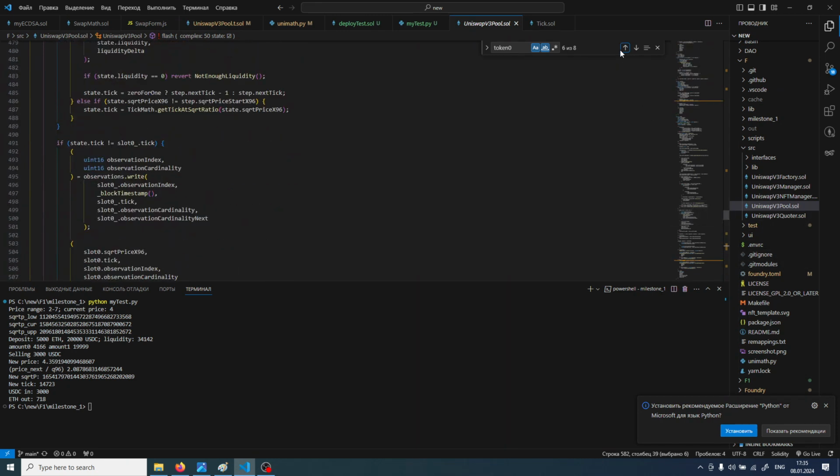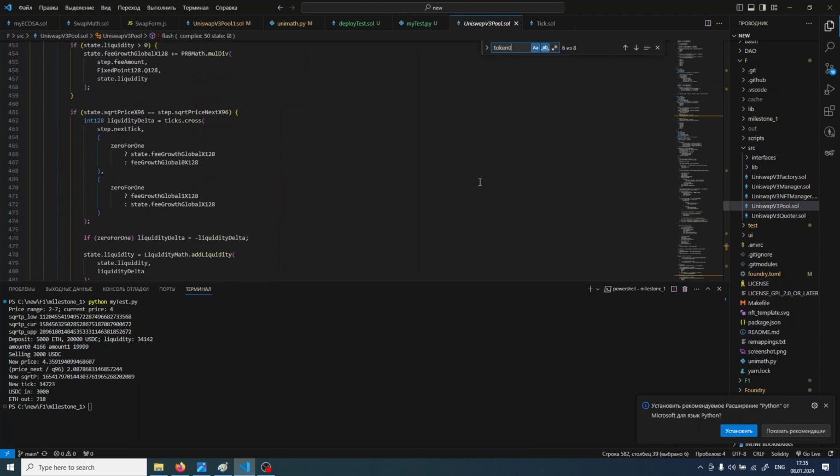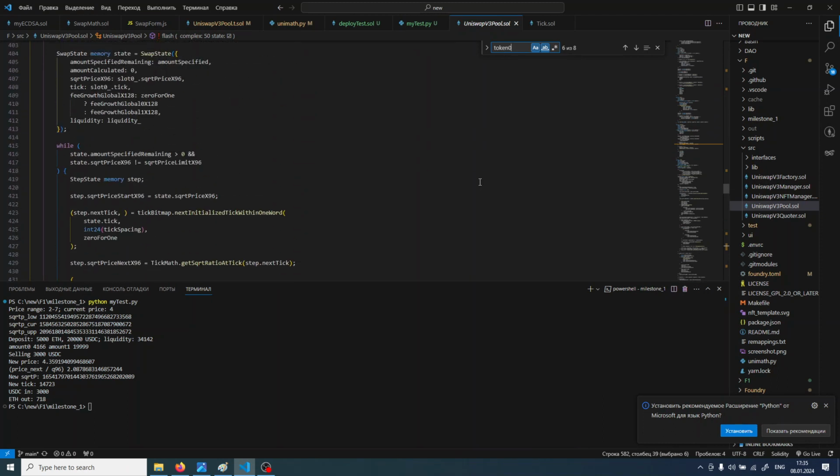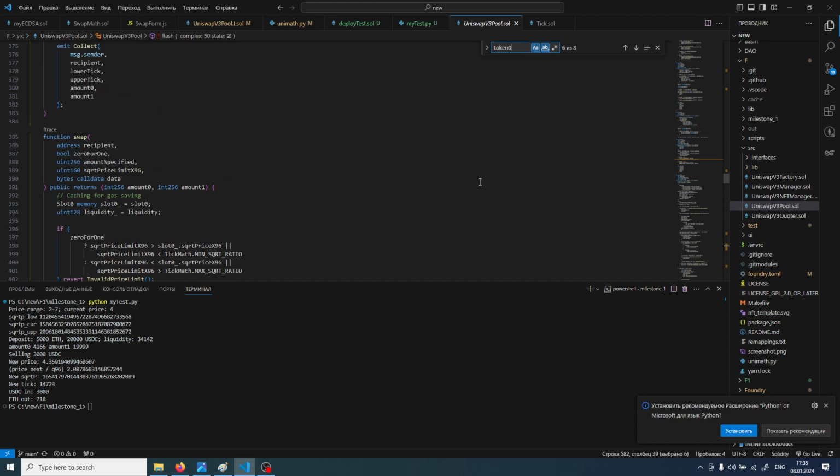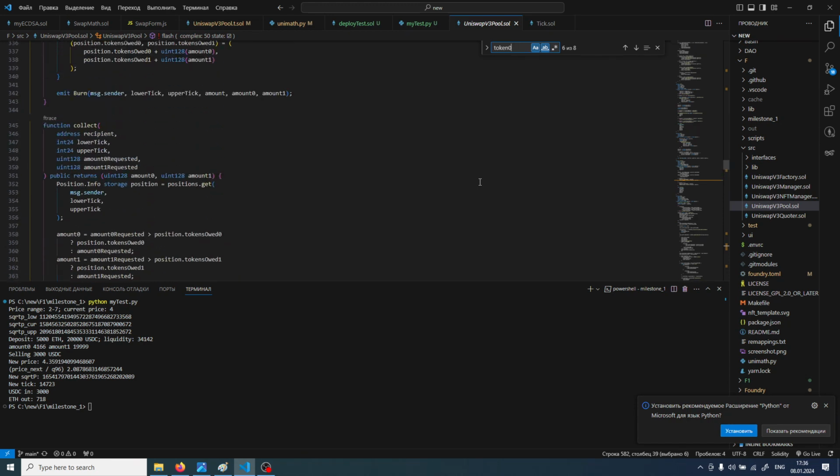Maybe during add liquidity, in the mint function.